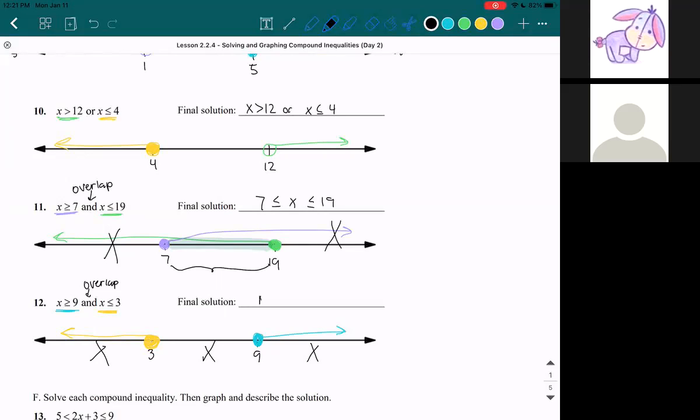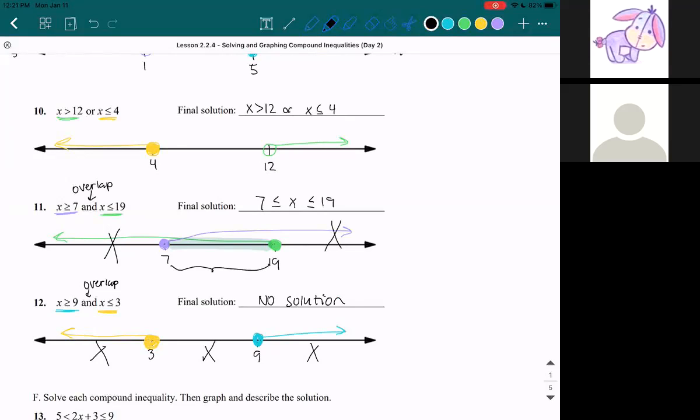So final solution is no solution. Because there's no overlap anywhere on your number line, okay? So if there's no overlap and it says and, there's no solution. Simply because you need it to have overlap if it says and, and I don't see any overlap at all. So this is no solution.